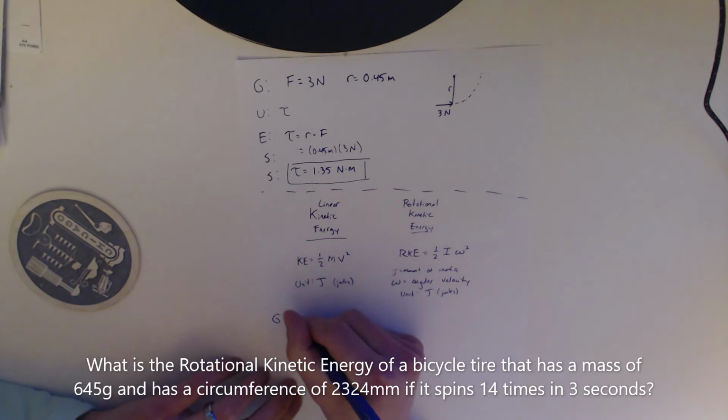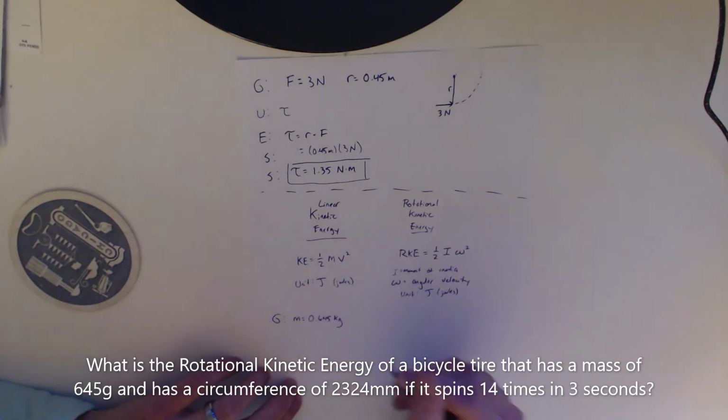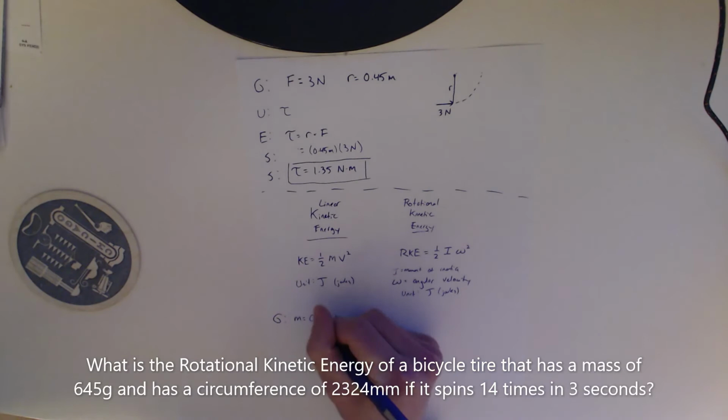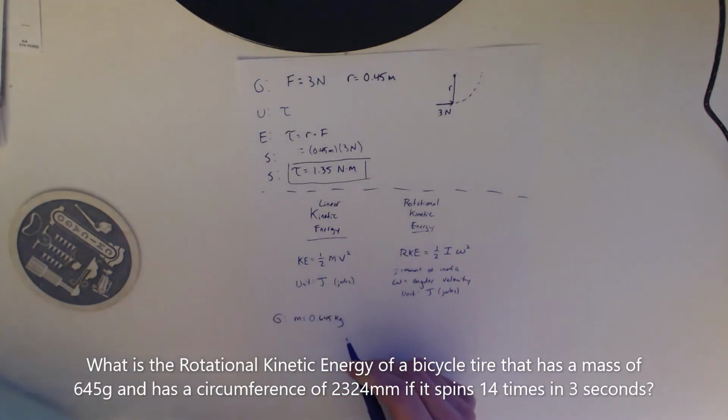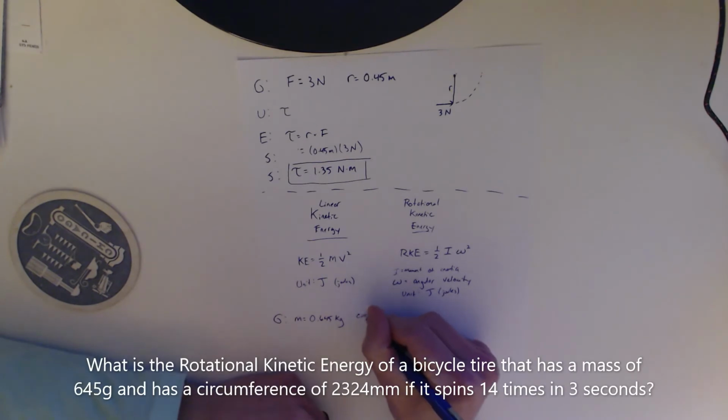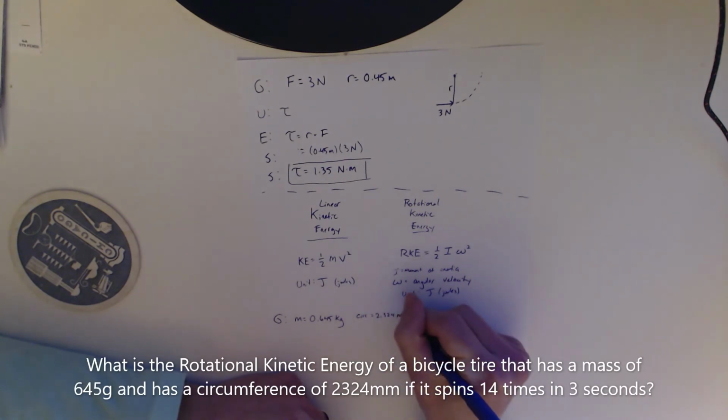So the mass is given to us as 645 grams, but we've got to convert that to 0.645 kilograms. We do that by dividing by 1,000 because there's 1,000 grams in a kilogram. The circumference is given to us as 2,324 millimeters, so we could change that to 2.324 meters.